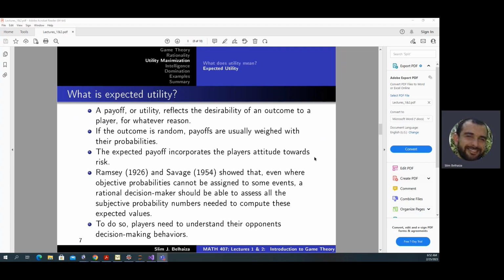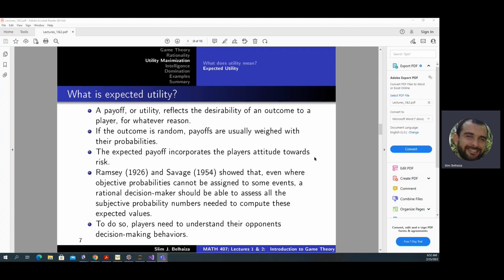What is expected utility? A payoff or utility, in fact, reflects the desirability of an outcome to a player for whatever reason. And if the outcome is random, payoffs are usually weighted using probabilities. And the expected payoff incorporates the player's attitude towards risk.